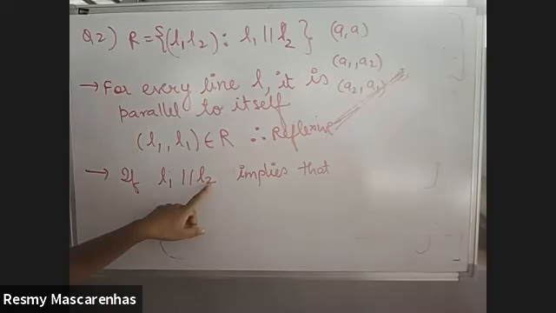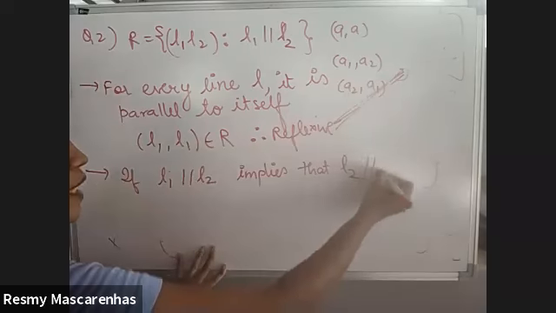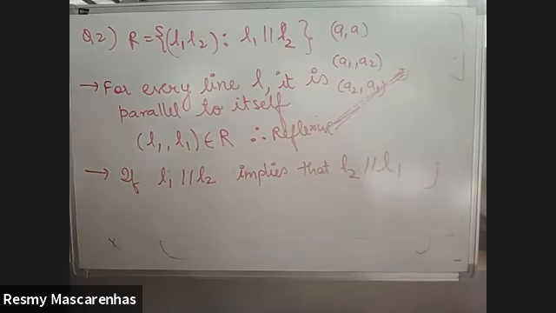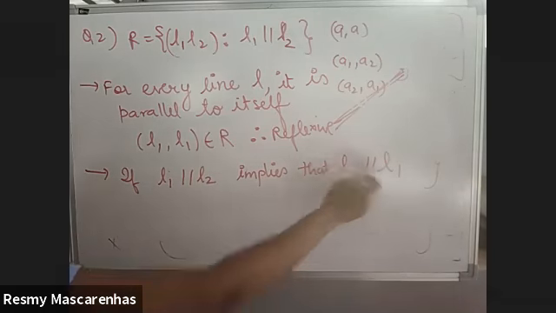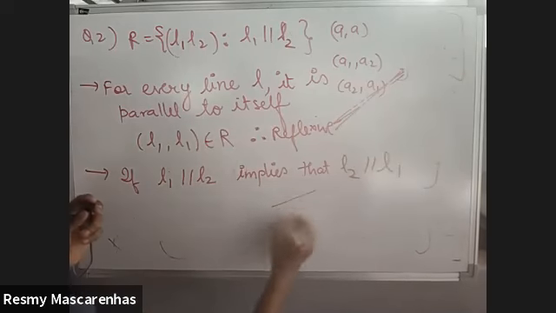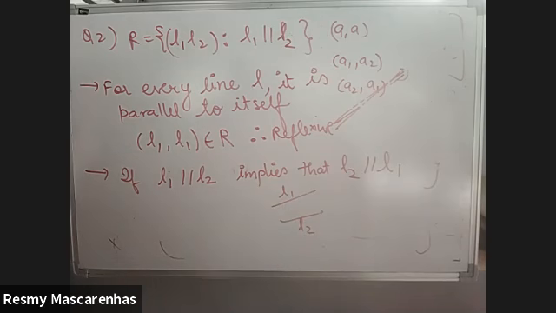Obviously, if line 1 is parallel to line 2, then line 2 is also parallel to line 1. Correct? That's all we have to check. If L1 is parallel to L2, then obviously L2 is parallel to L1. So the reverse is also holding true.